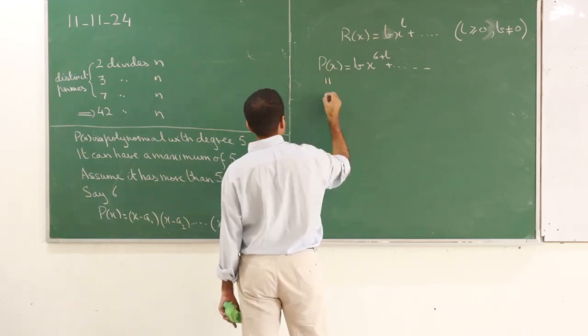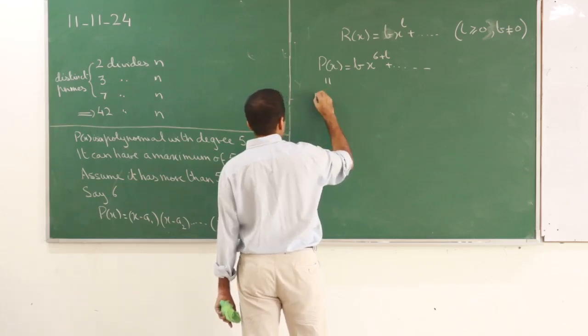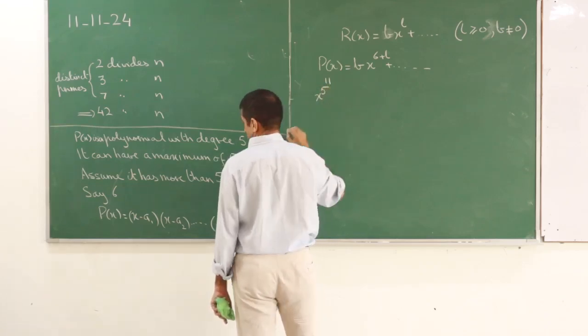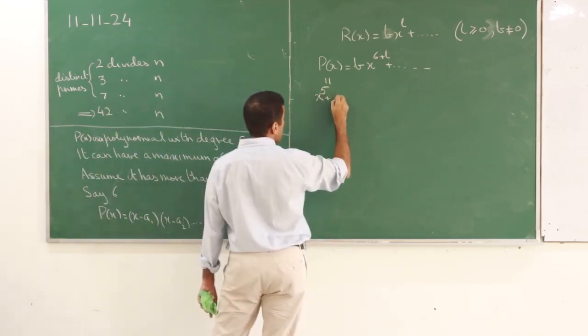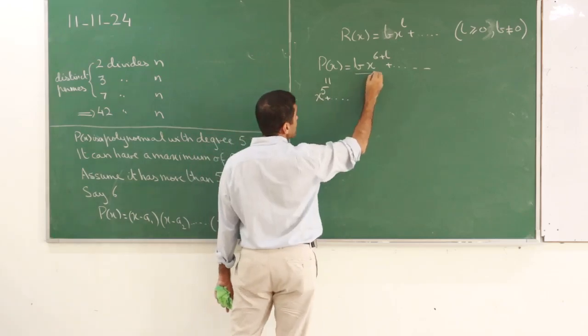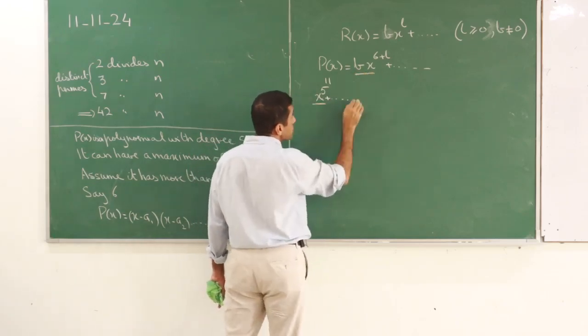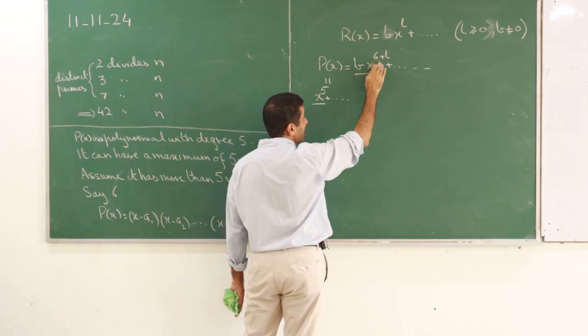and that's a problem because this is also equal to x to the 5 plus other terms. So this guy cannot be equal to this guy because this is x to the 6 at least.